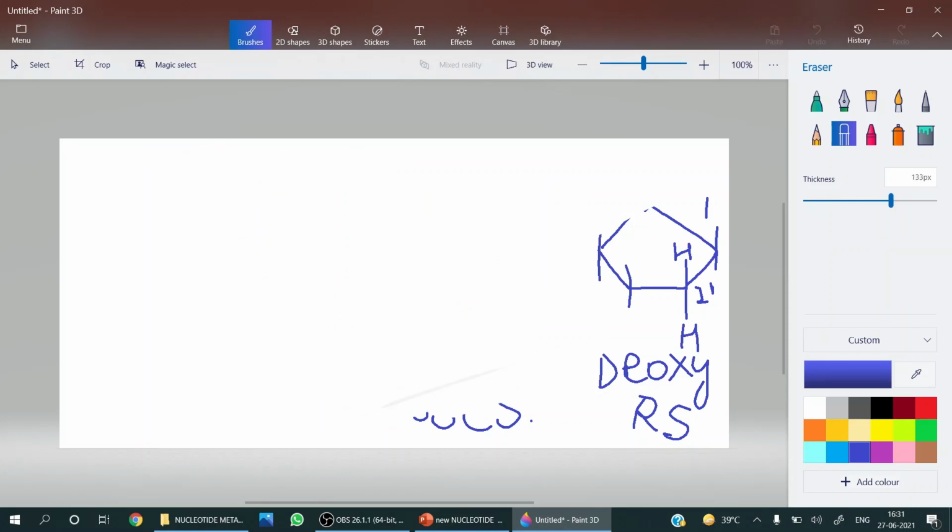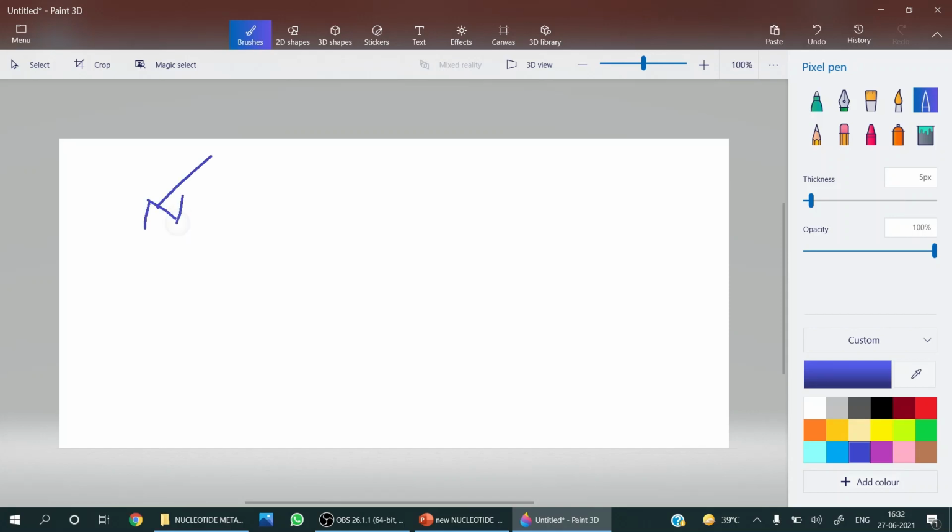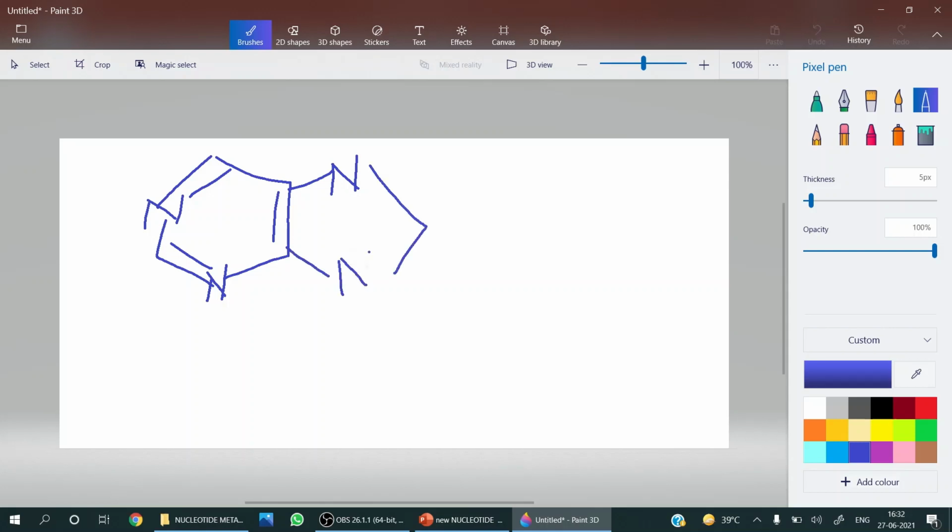There are basically two kinds of nitrogenous bases, purine bases and pyrimidine bases. First we will see the purine base, how you will make the structure of a purine. This is the general structure of a purine. 9 nitrogen and carbon atoms are there.